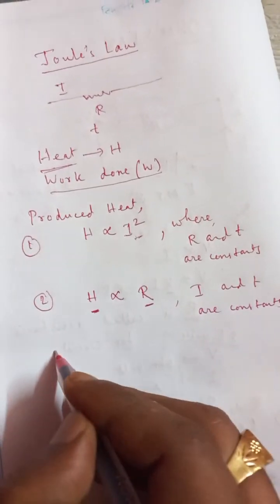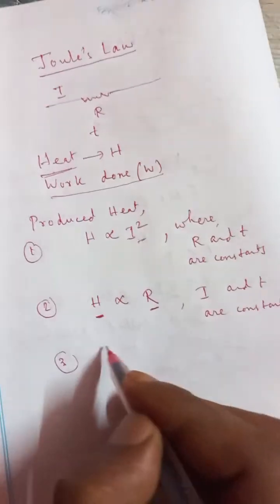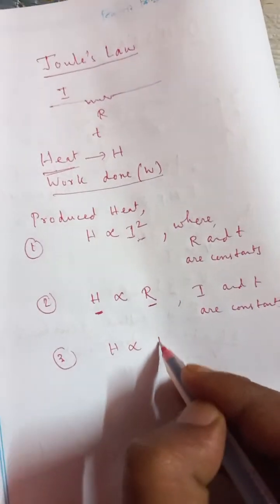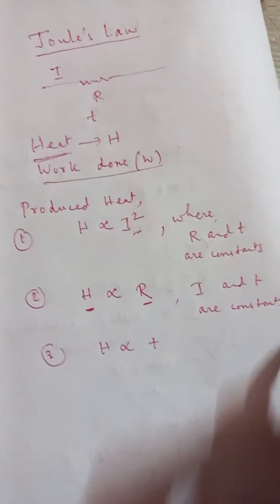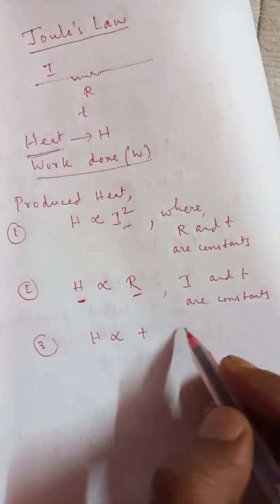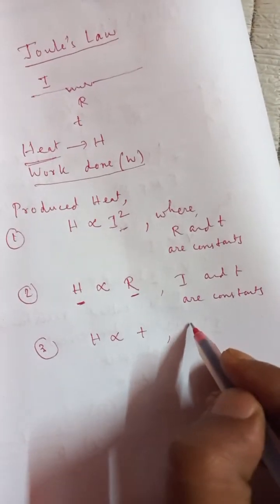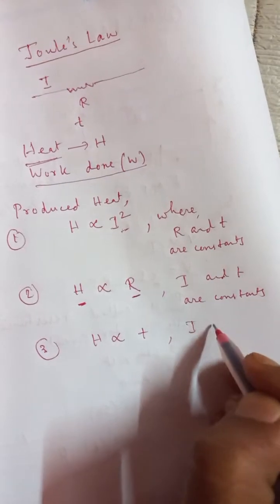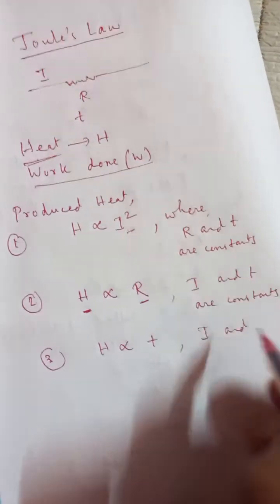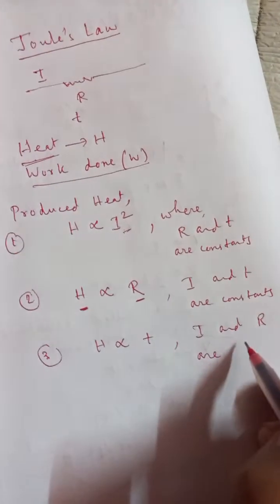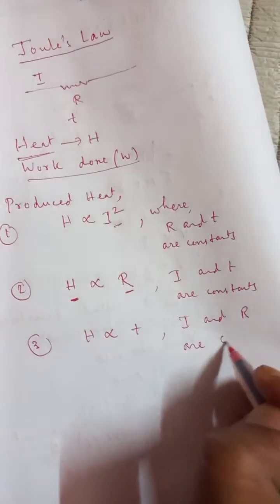And the third law is that H is directly proportional to the time taken for the current flow. So in this case, the current I and the resistance R are constants.